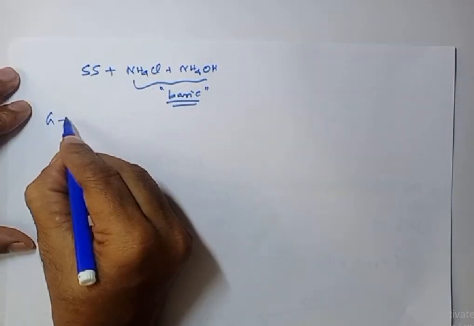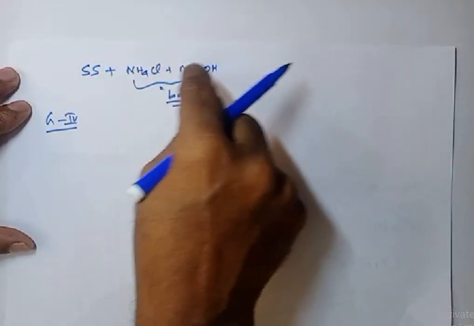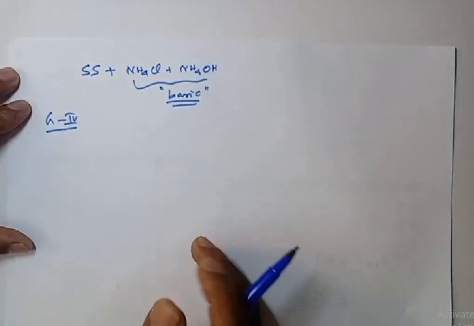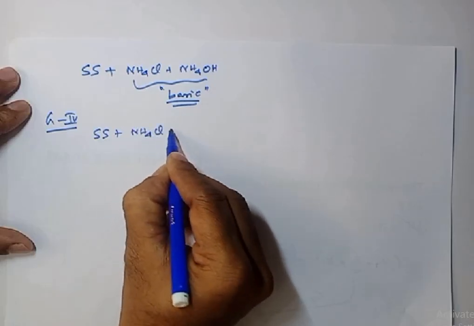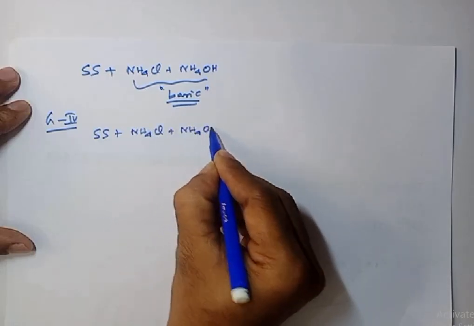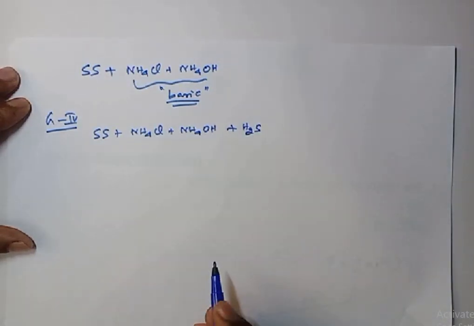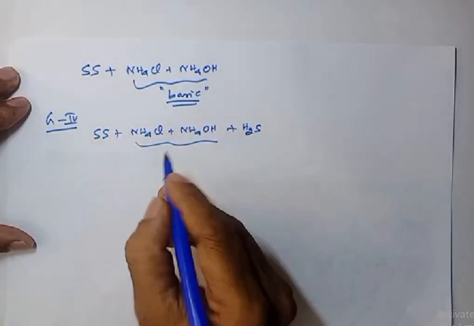Now, in group 4, we pass H2S gas in the presence of these compounds. We have salt solution, ammonium chloride, ammonium hydroxide, and then we pass H2S gas through that. The concentrations are very low, but we pass H2S in basic medium.